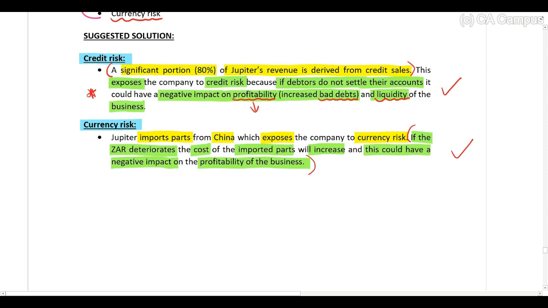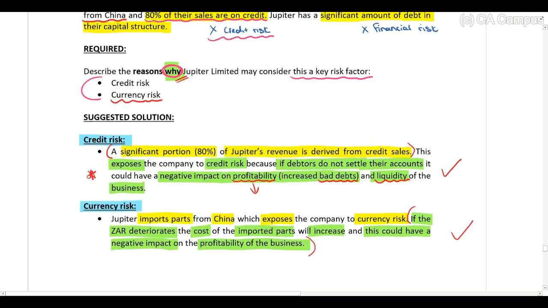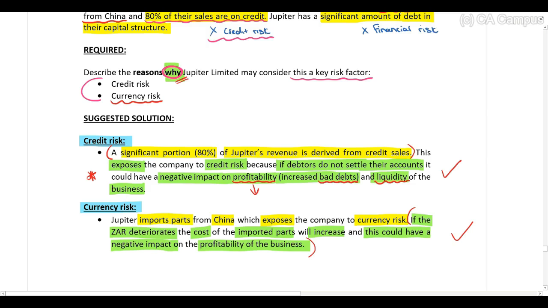Now please note, in this question, like I said, we didn't have to identify the risk. The risks were identified for us. We just needed to discuss why they are risks. In this question, we also didn't need to come up with a mitigation for the risk. So we didn't need to come up with different ways that the company can manage the risk. All we had to do is describe or discuss why it's a risk.